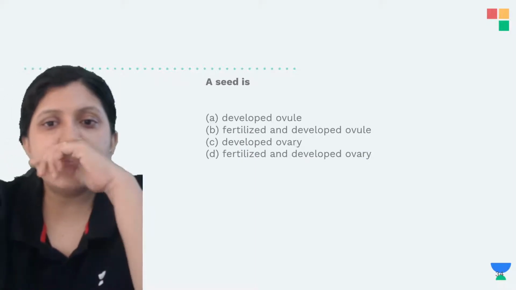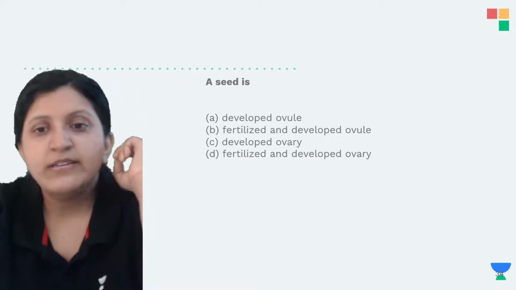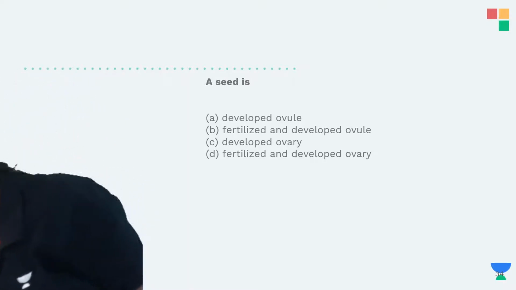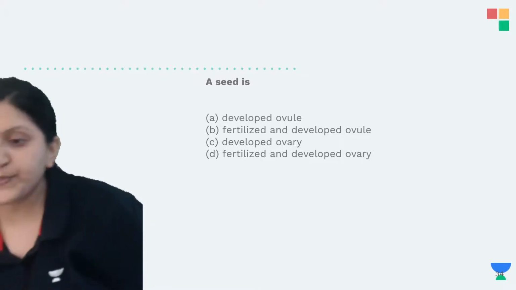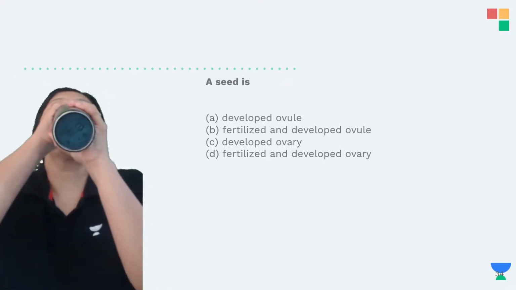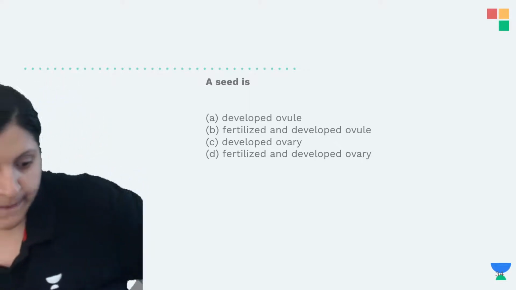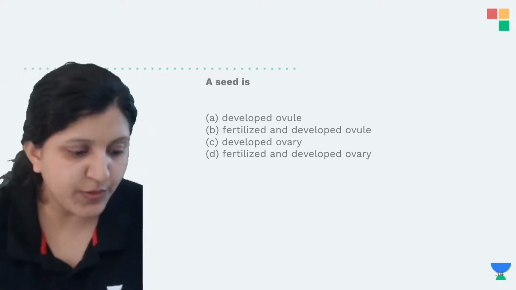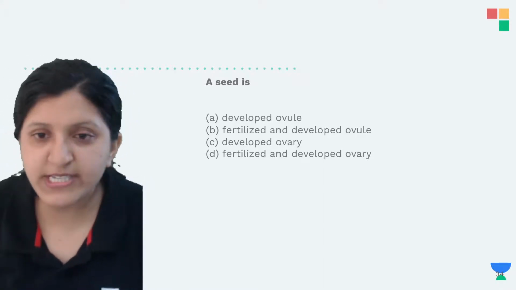So here the seed is a developed ovule, a fertilized and developed ovule, or a developed ovary. Which option is right here? Any idea?